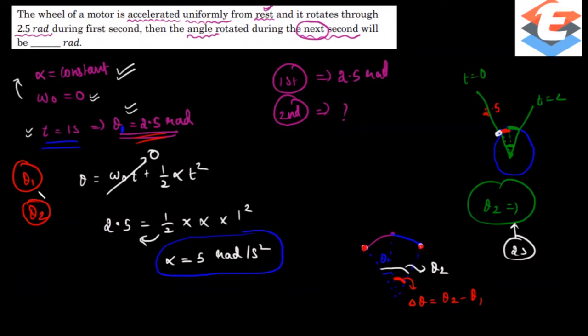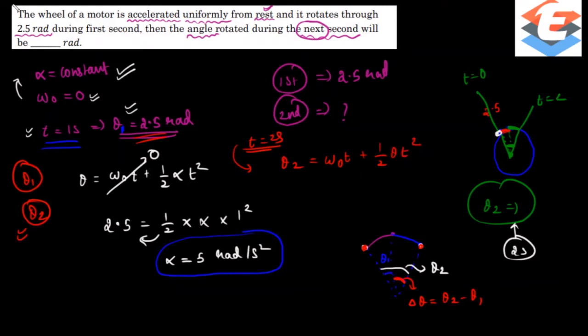So for 2 seconds, how much angular displacement has that wheel traveled? When time was 2 seconds, by using this formula I can find theta 2. Theta 2 is equal to omega naught into t plus 1 by 2 theta t square.